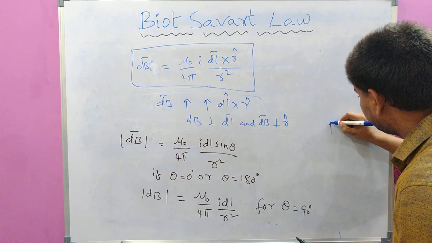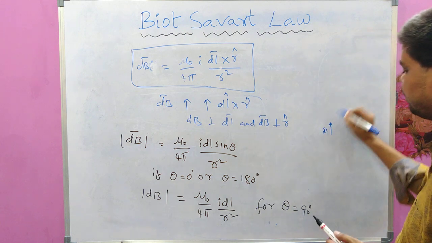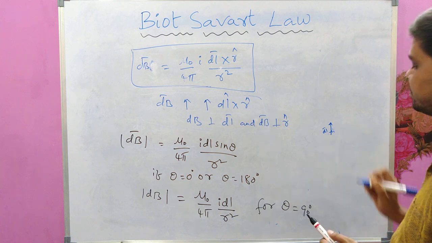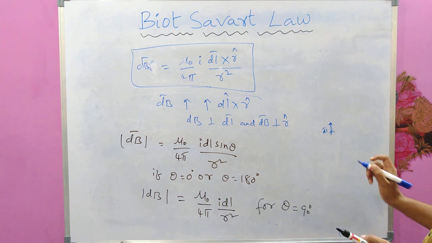For example, consider a length element dl in which some current I is flowing through it. It's a current carrying conductor. Small element is considered.